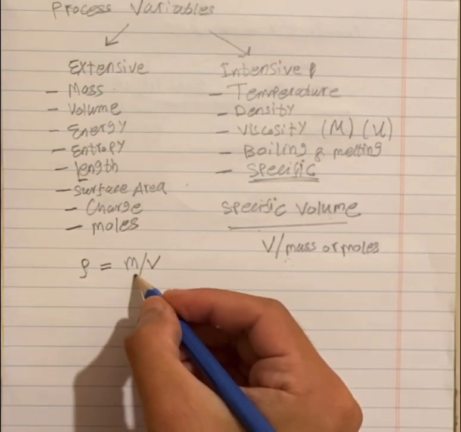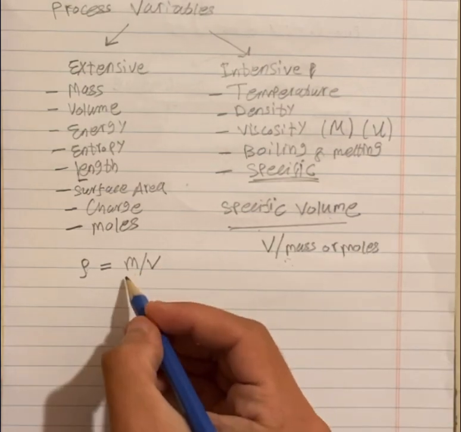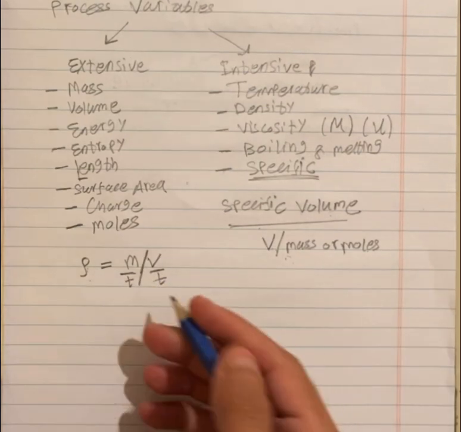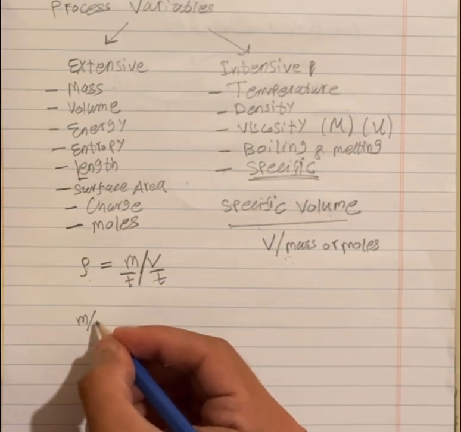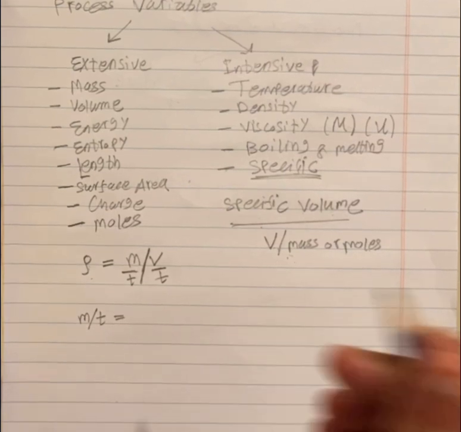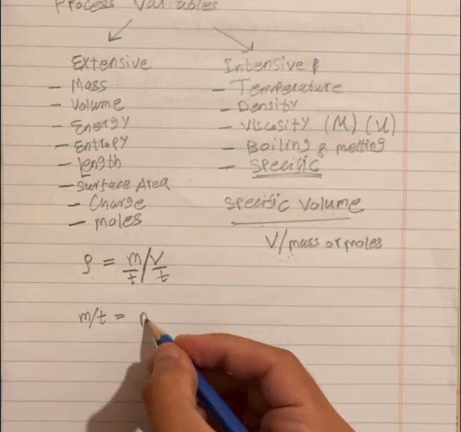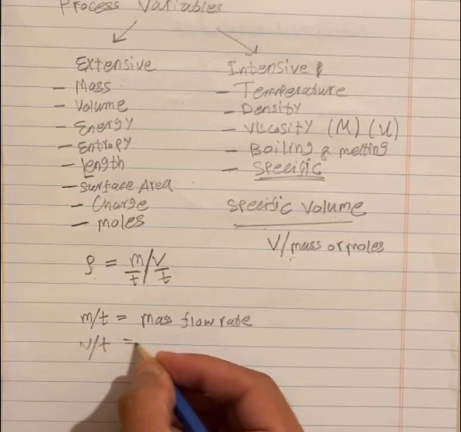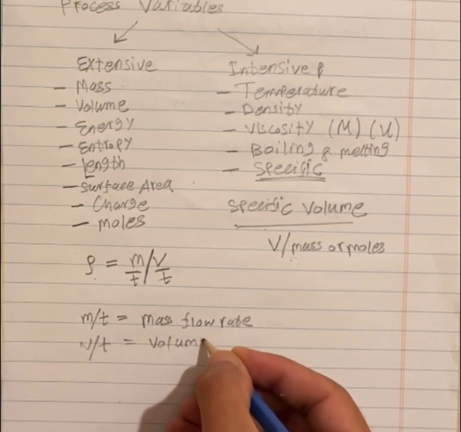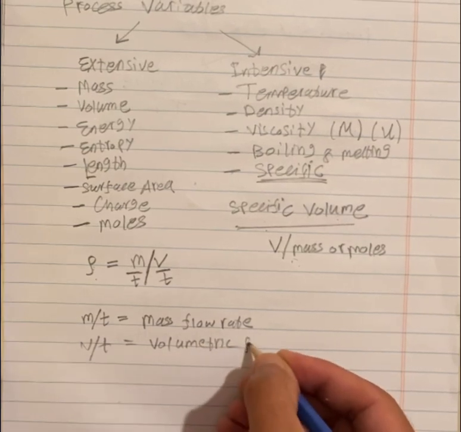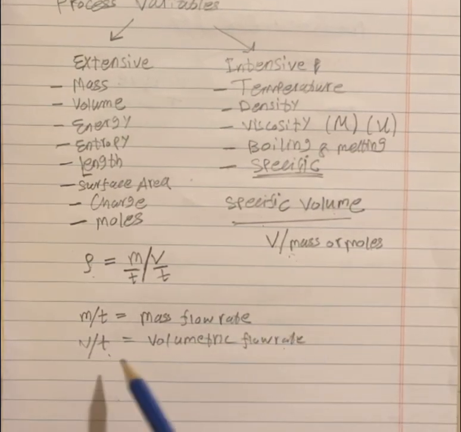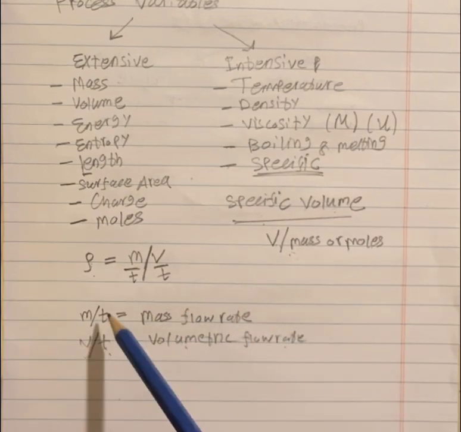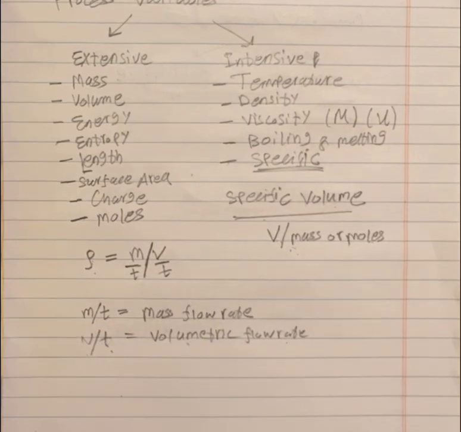So when we say mass over time, and here volume over time, this mass over time is a very important term we are using extensively in industry. It's mass flow rate, and V over t is volume flow rate or volumetric flow rate. Rate because we have time, volumetric because we have volume. Here once again rate because we have time, and mass is the same.